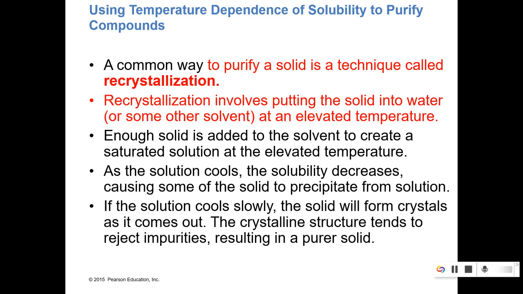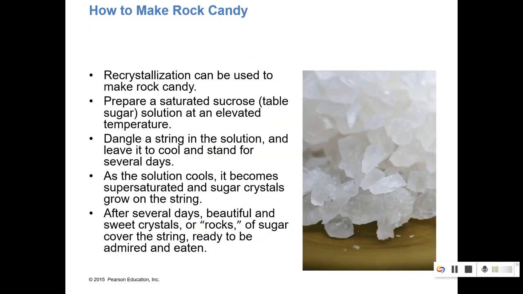It could take days. But as you do that, the sugar will recrystallize and it will be a more pure form of that sugar, which is why rock candy actually tastes better than hard candy. If you want to, you can make rock candy at home. It's not that hard. You just have to have patience and space to do it.